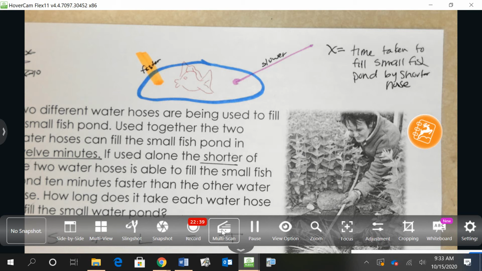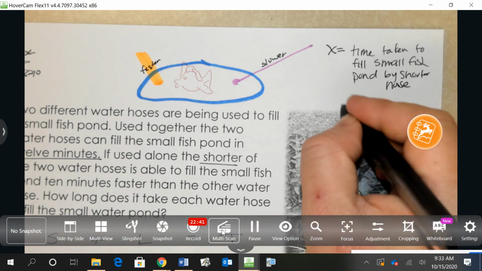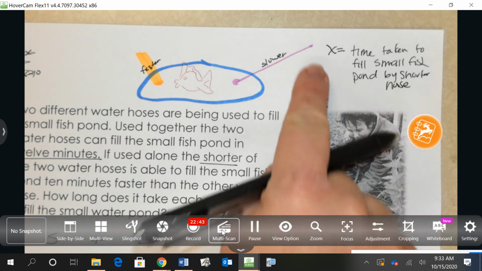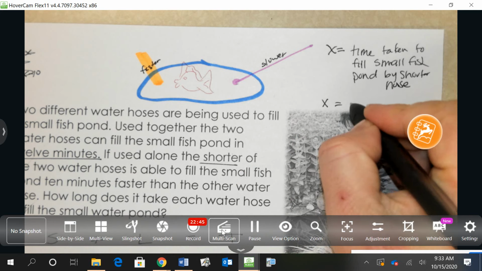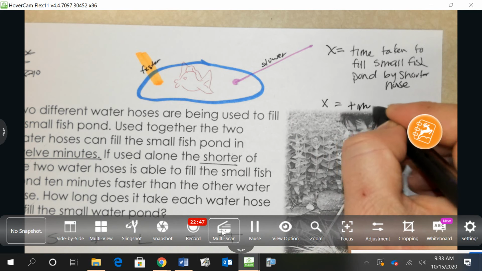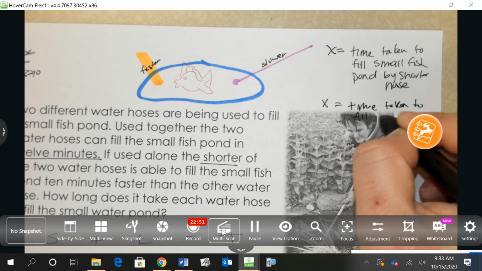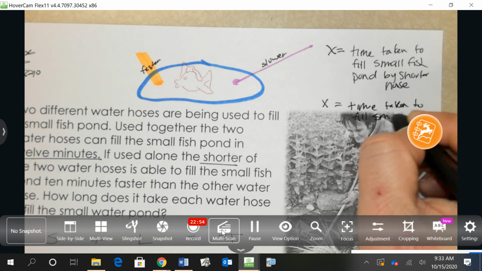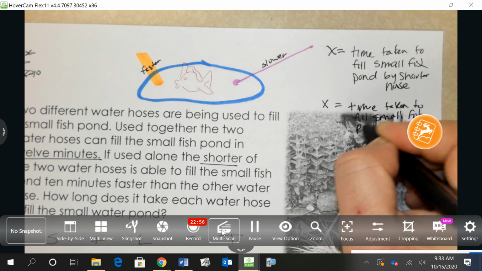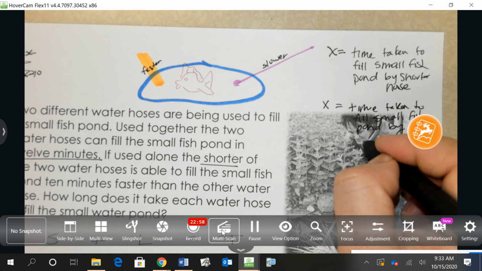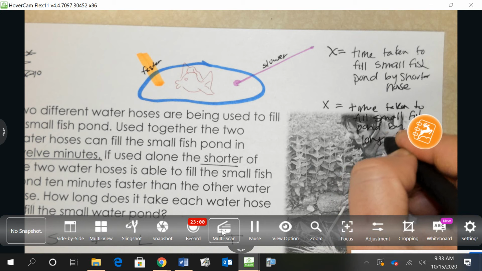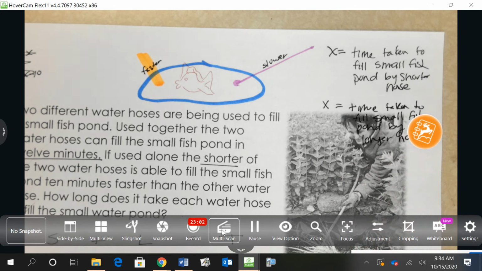If that's the case, and there's more than one way we can do this, let's look at this. I'm going to change one of these. I'm going to put X equals, and I'm going to change time taken to fill small fish pond by longer hose. Now we know they're not the exact same amount of time, so let's come back here.